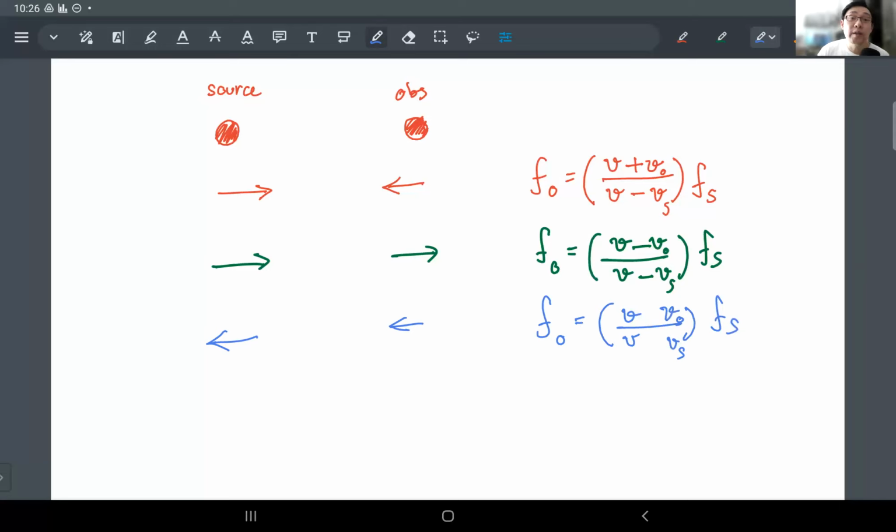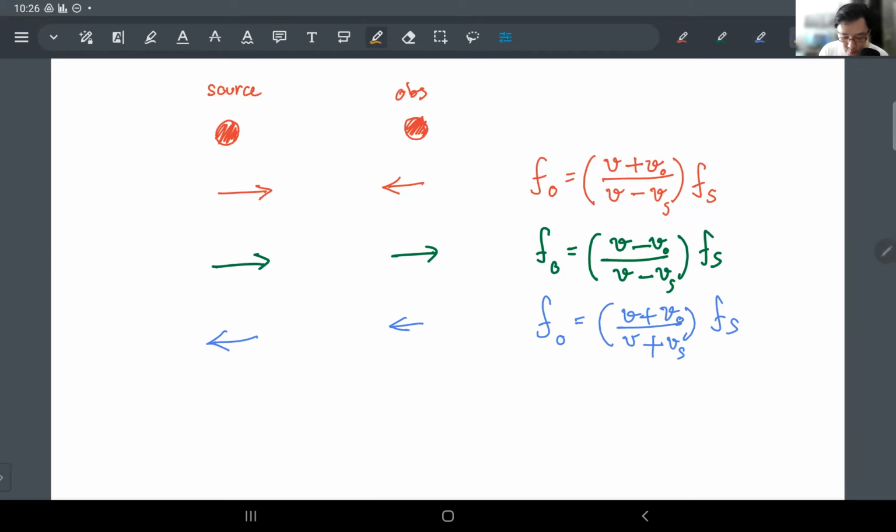The observer is running toward the source. The frequency is supposed to be higher. Pick the positive sign in the numerator. And then the source running away from the observer, the final effect is supposed to be a lower frequency observed. So you put plus here because you want a smaller number at the end.